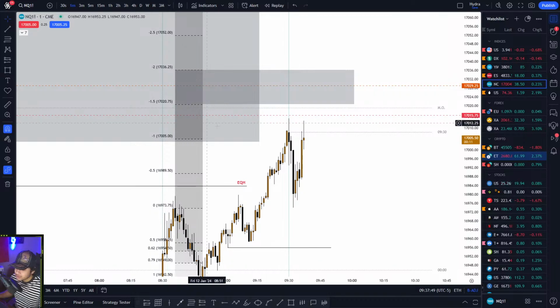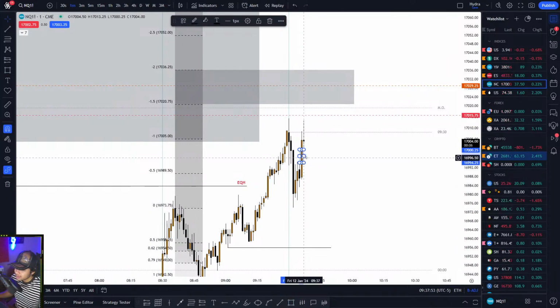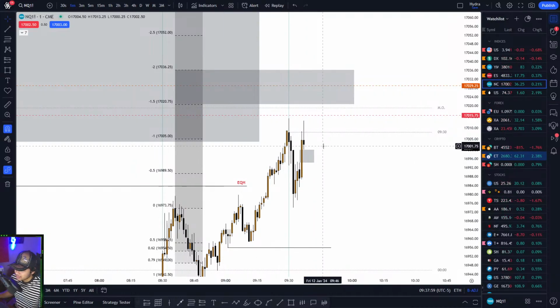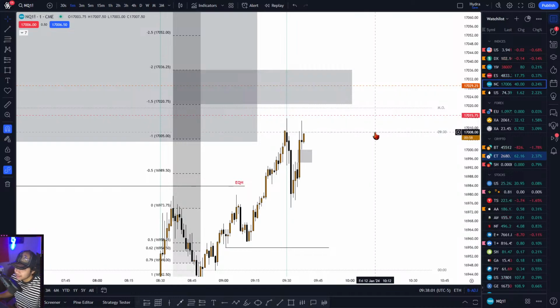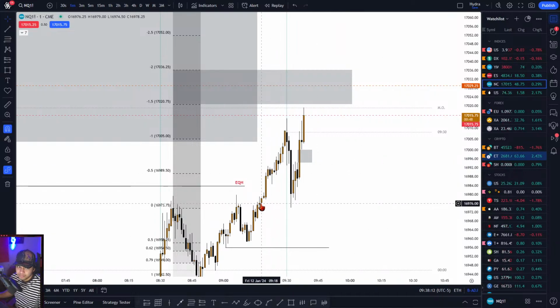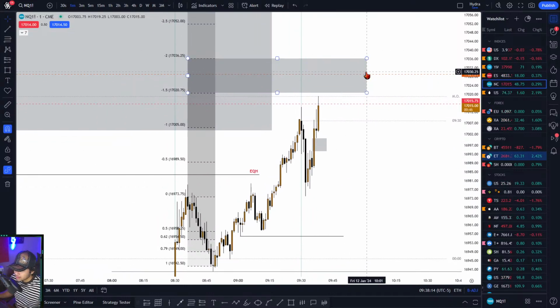So I just use 30 seconds for my improvement. Most of the time I take like 2 trades in a day on 30 seconds, even on 1 minute. That's my limit. So once I'm done taking 2 trades, I just focus on tape reading the price.